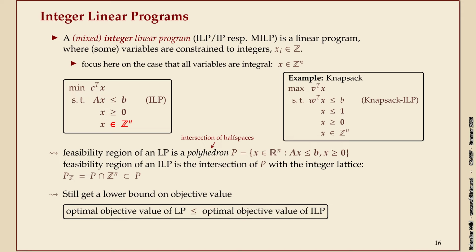What else can we still do despite the fact that the problem doesn't allow general efficient solutions? From this obvious relation on the feasibility regions, if we're minimizing, the optimal objective value that the LP spits out can never be worse than what the integer linear program gives you, just because all points that are feasible for the integer linear program are also feasible in the linear program. You're just dropping one constraint.